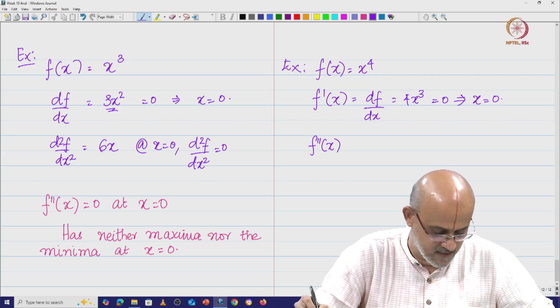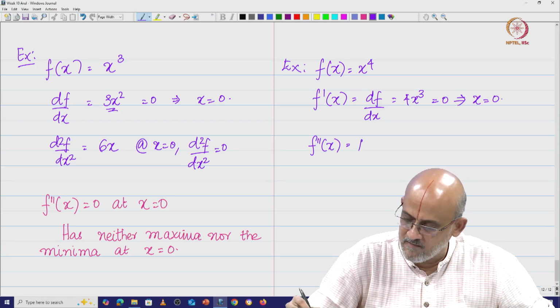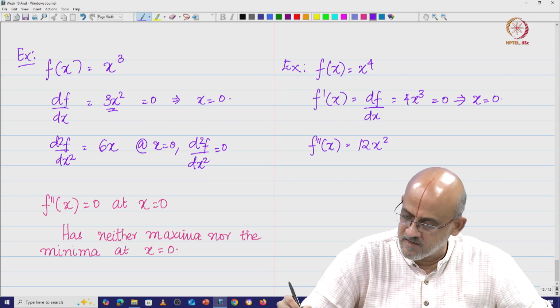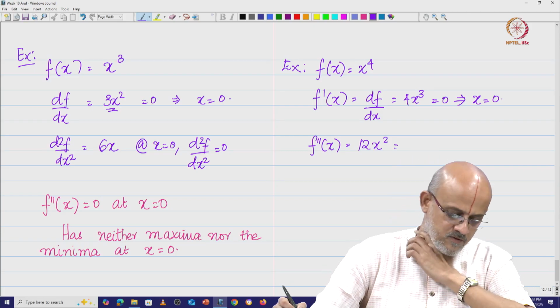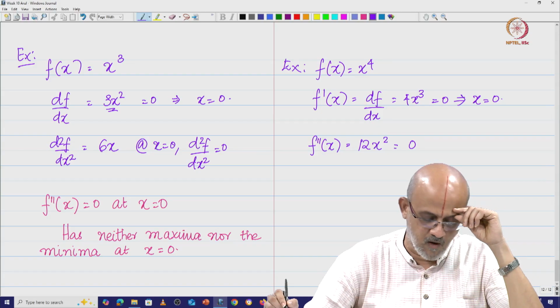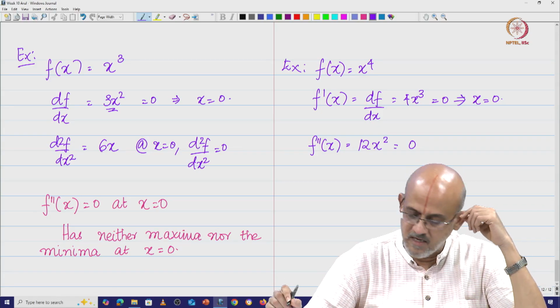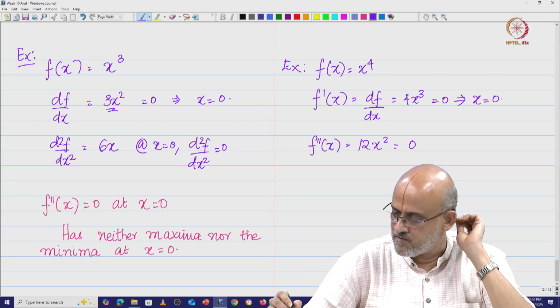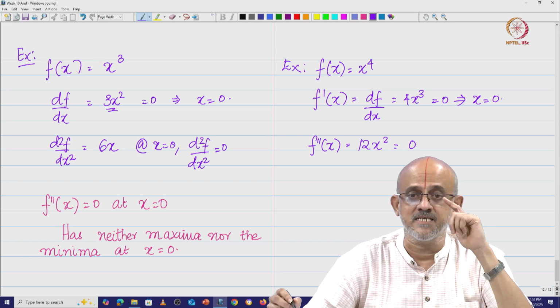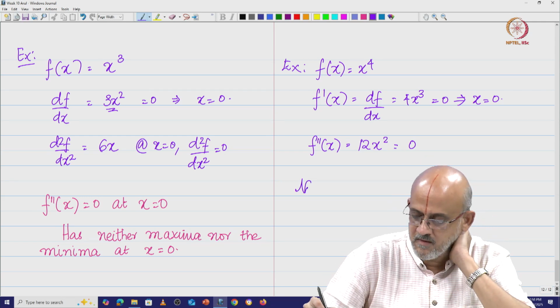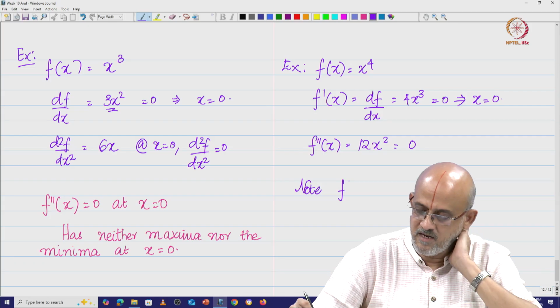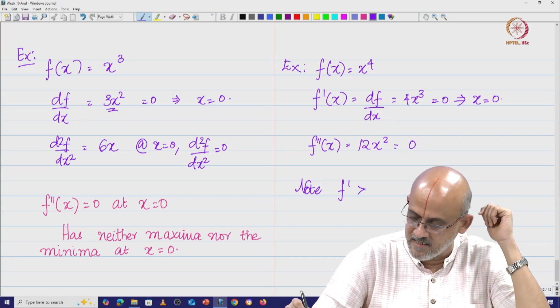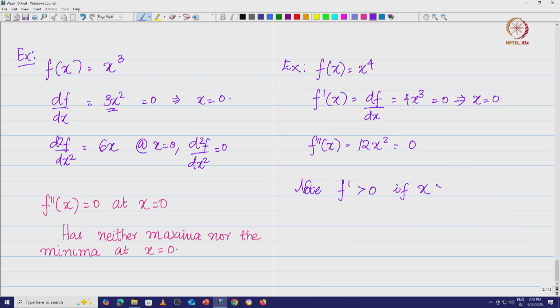F double dash of x is basically 12x squared, which at x is equal to 0 will be equal to 0 again. Now, one thing that we want to see here is whenever x is greater than 0, f dash is greater than 0, whenever x is less than 0, f dash is less than 0. So, note that f dash is greater than 0 if x is greater than 0, and f dash is less than 0 if x is less than 0.